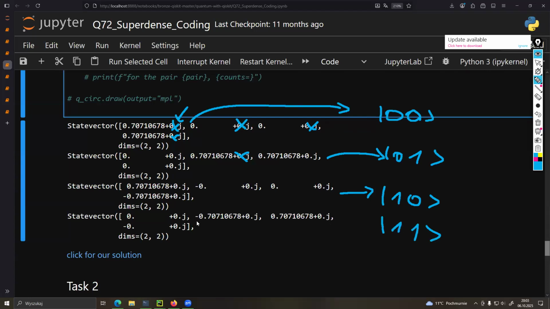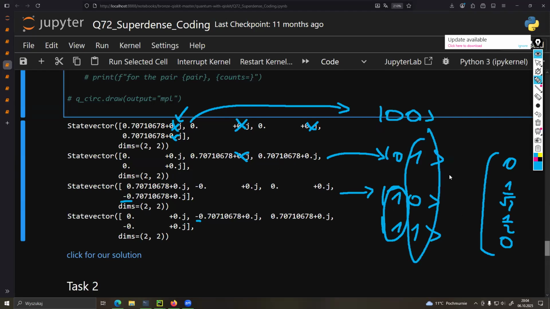So if we have a negative entry, we can see that we have a first bit set. If we have the state that is represented by the middle components, we will have a middle entry.